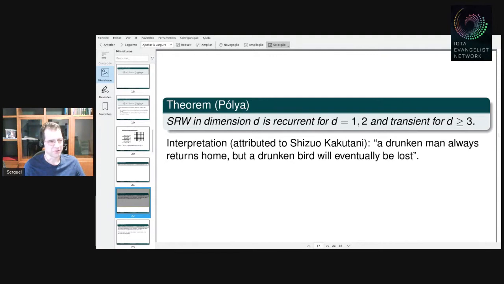For example, the Nash equilibrium thing relies heavily on a theorem by Kakutani. A drunken man always returns home, which corresponds to recurrence of the simple random walk in 2 dimensions, but a drunken bird will eventually be lost.